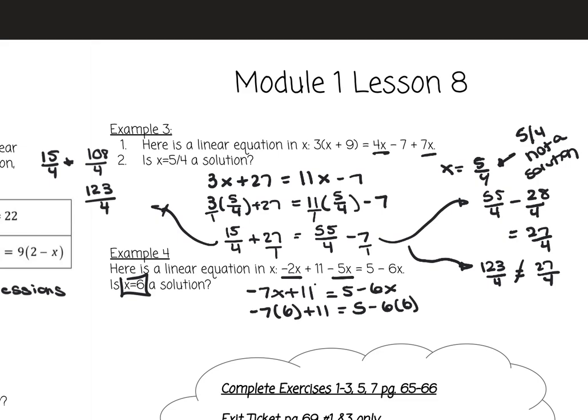So we have negative 7 times 6, which is negative 42, plus 11. Negative 42 plus 11 is going to give me negative 31. Then I have 5 minus 36, which also gives me negative 31. So for this one, x equals 6 is a solution because we get negative 31 is equal to negative 31.